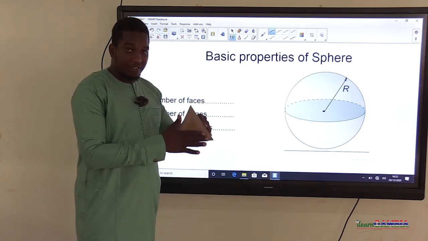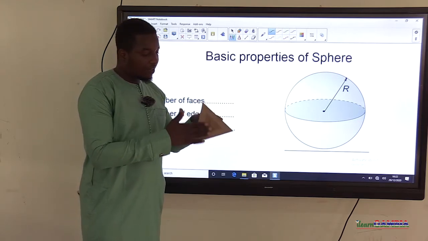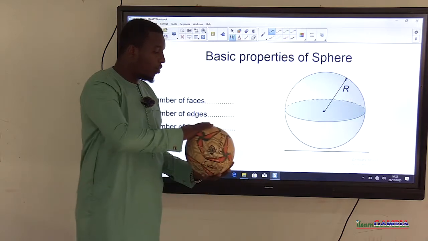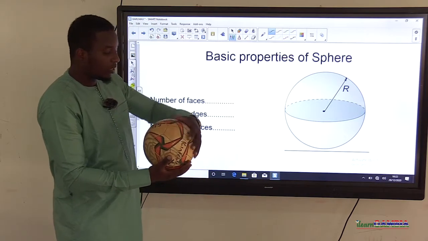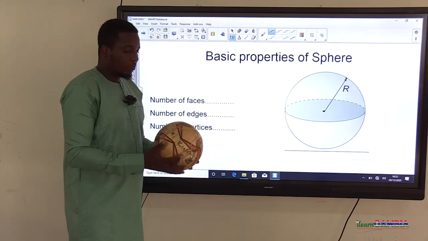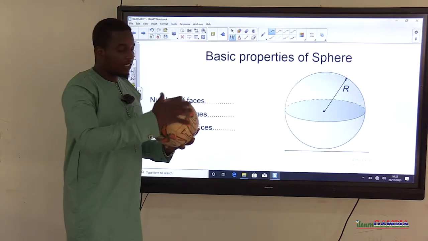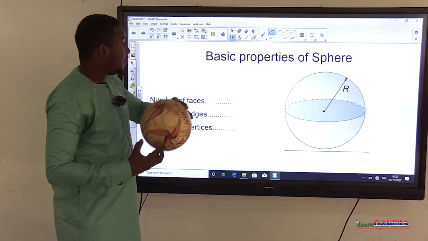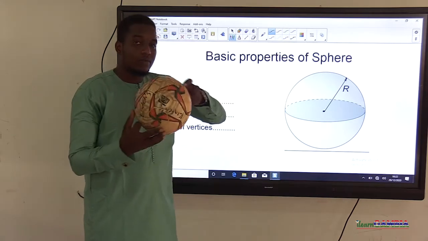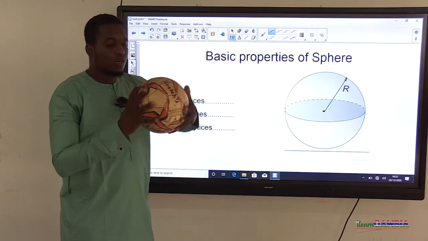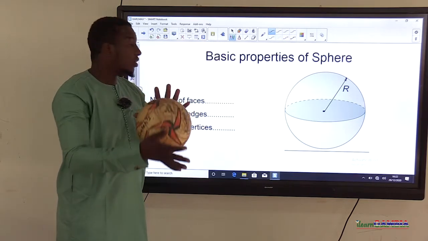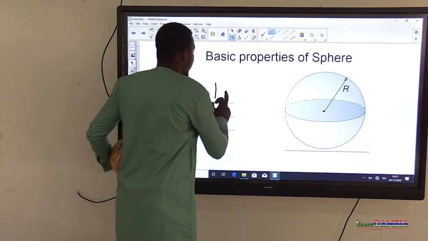Here is a flat face, but if you come to spheres, they have only one surface area, which is a round surface area. The face is round, so it is just one face, one surface. Spheres have only one surface, because wherever you turn the ball, it is just one face that you see. So it has one surface.